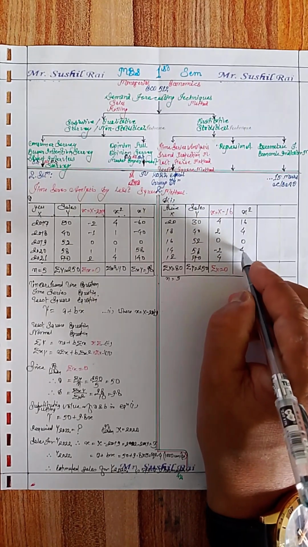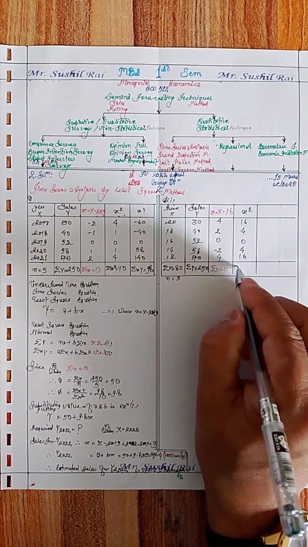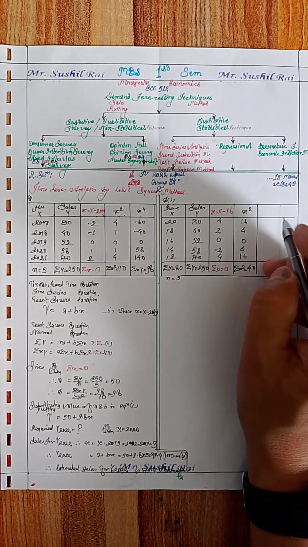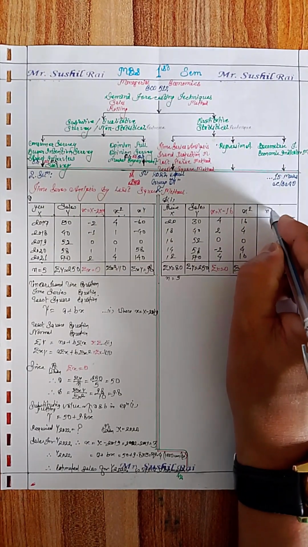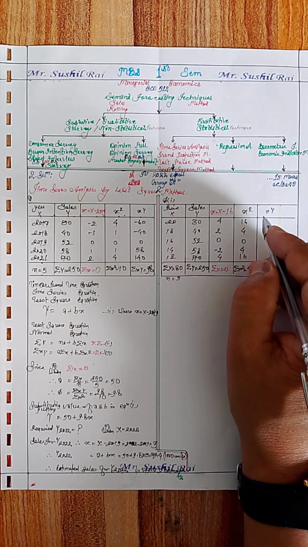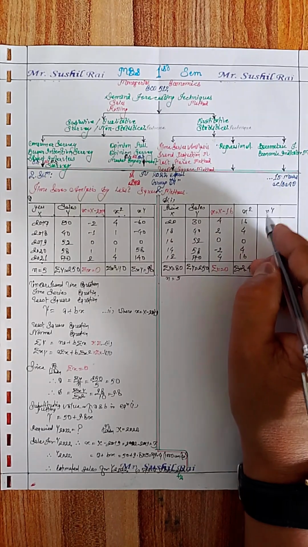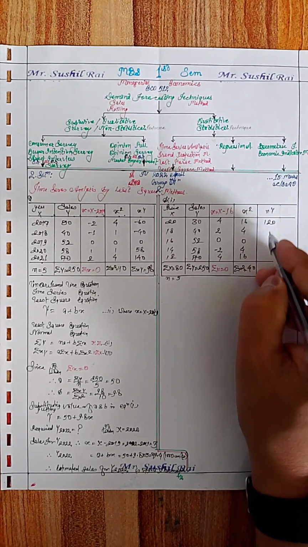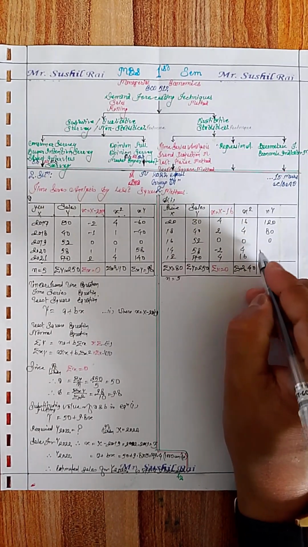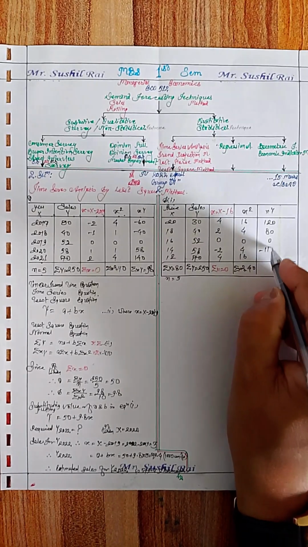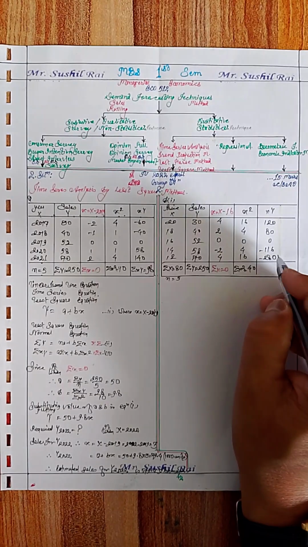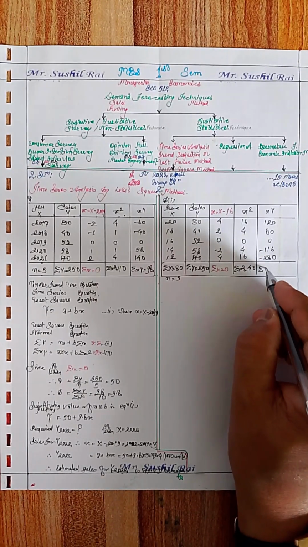Summation x square is equal to 40. xy: 120, 80, 0, minus 116, minus 280. Summation xy is equal to minus 196.